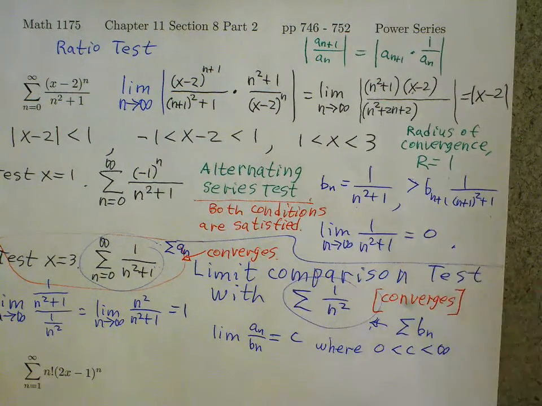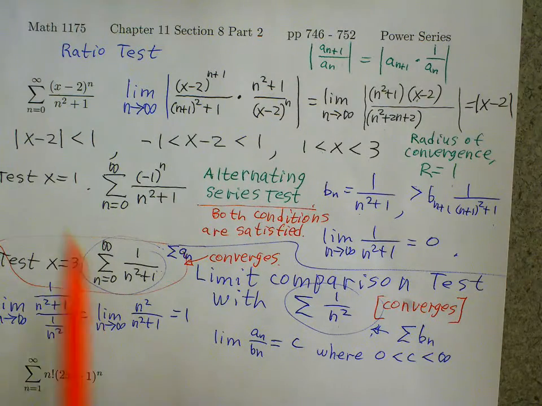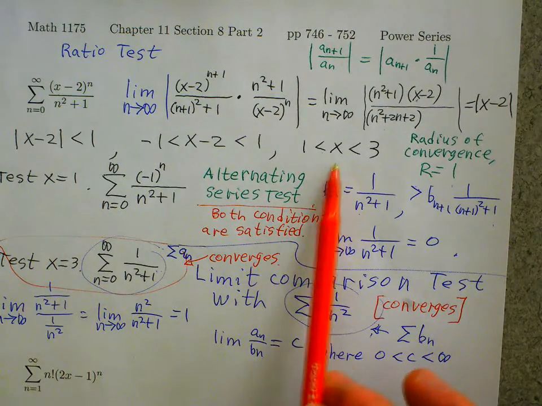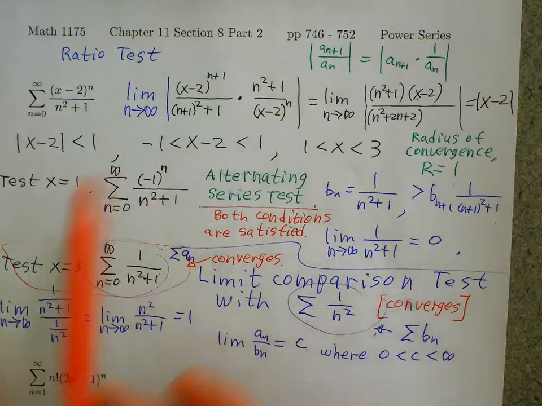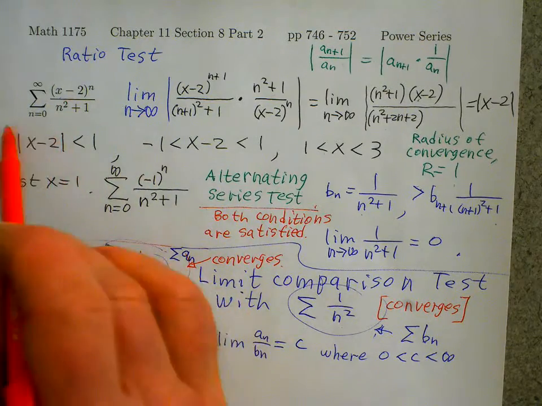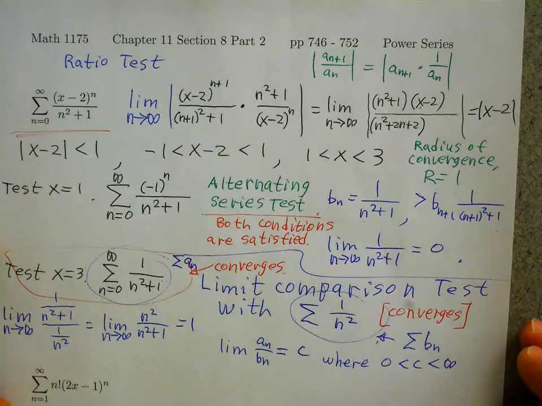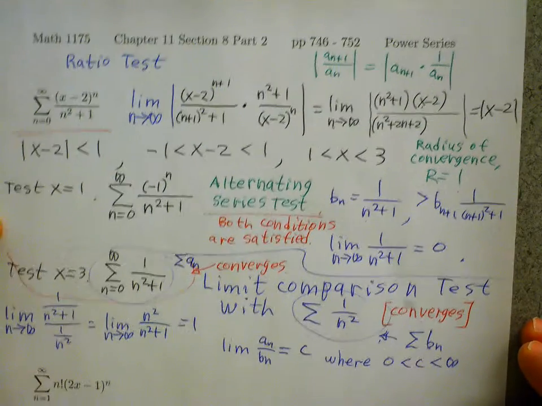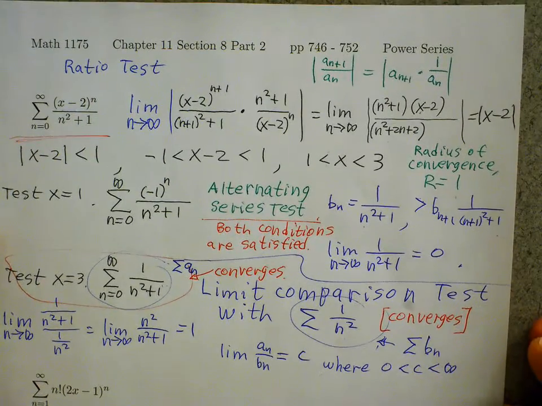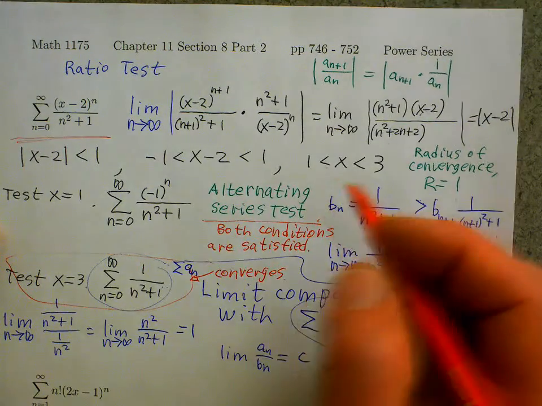Okay, but that's just one of the endpoints. Both endpoints are included. So the interval of convergence for this series is the closed interval from 1 to 3. So I'll write that in here somewhere.